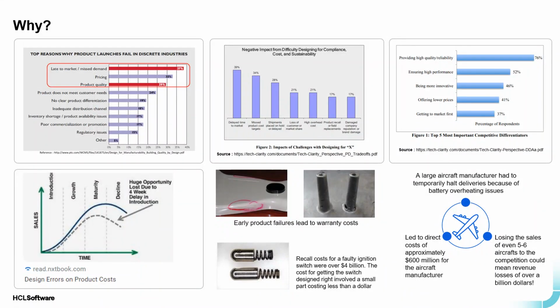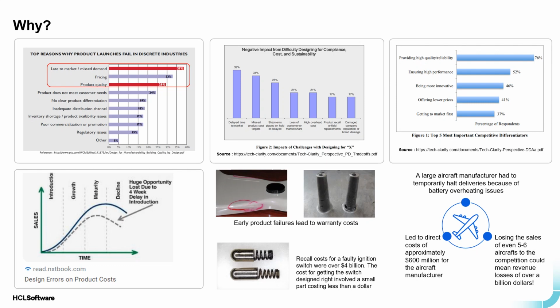Before we deep dive further into the what of DFMPro, let us spend some time to understand why. Organizations compete in the marketplace on various parameters. Manufacturing industries churn out new and innovative products trying to stay ahead in the market. You may have already seen the various charts and statistics shown on the screen. New product launches fail due to various reasons, the top ones being delayed launches, non-competitive pricing, and poor product quality.